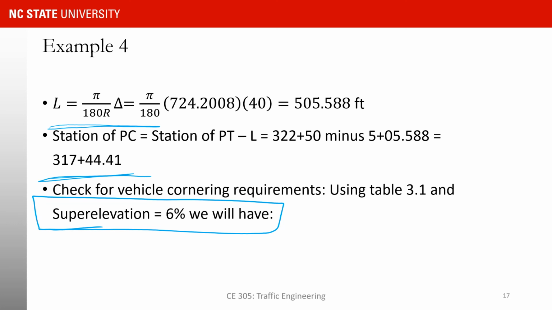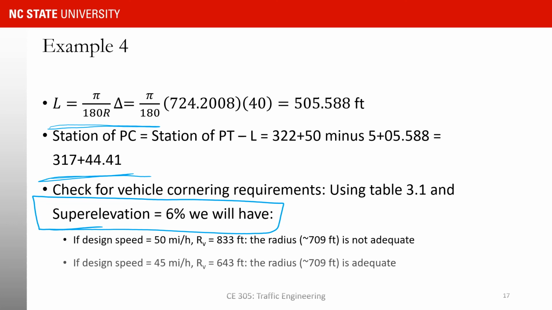So if you have a super elevation of 6%, if the design speed is 50 miles per hour from the table, our R sub V is gonna be 833. So if you are going at 50 miles per hour, you need a radius of 833. What we have is 709. So that is not adequate. We cannot go at 50 miles per hour.